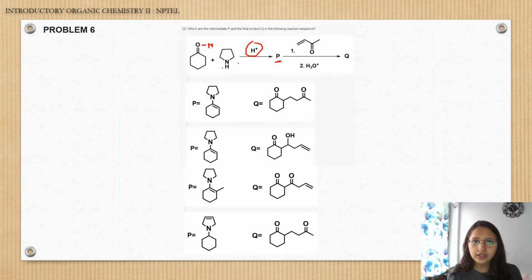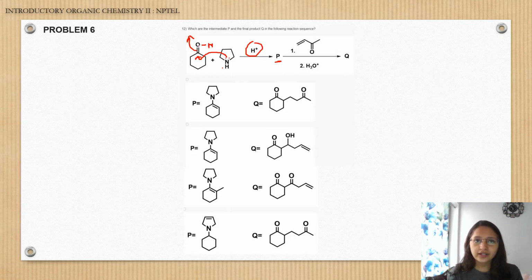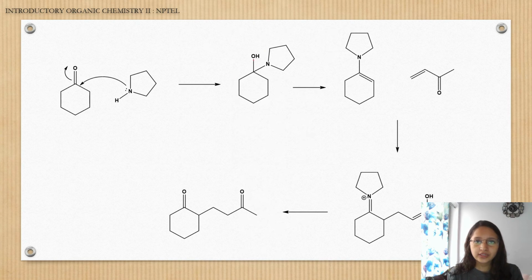After the protonation, this lone pair of nitrogen will attack the carbon, and conjugation takes place. This kind of system is generated, trapped with OH.